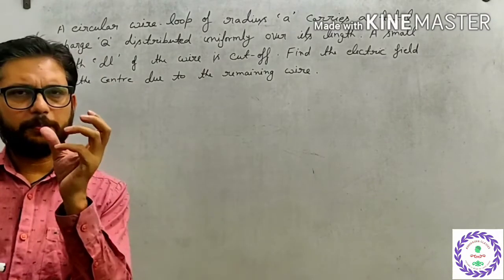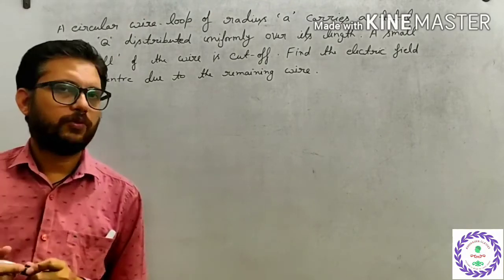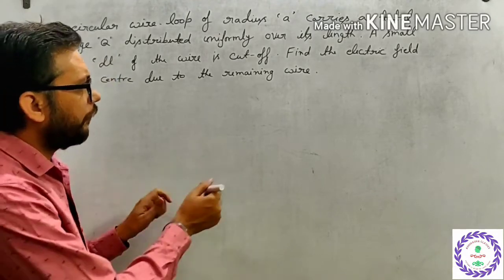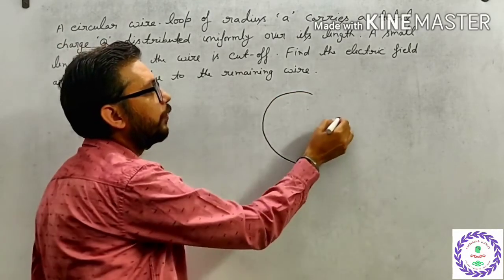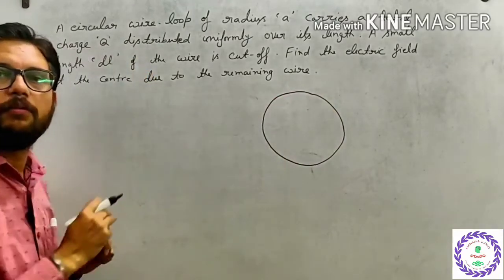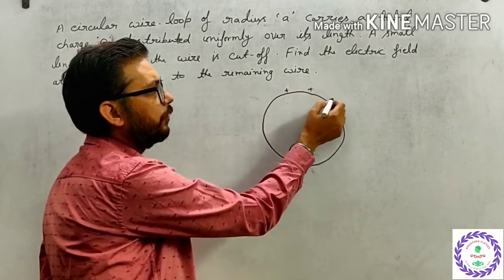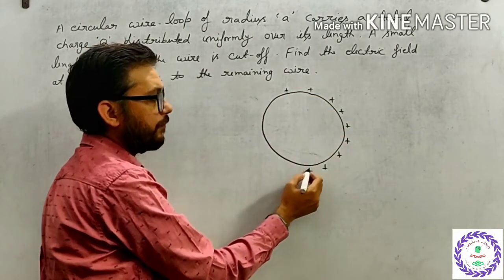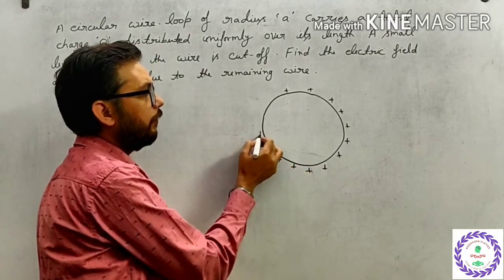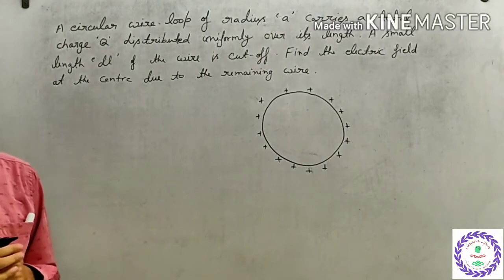So what is the basic logic of this question? The logic of this question is this: if we have a circular loop made of wire, and we uniformly distribute some amount of charge over it, then it will be uniformly distributed over its surface.